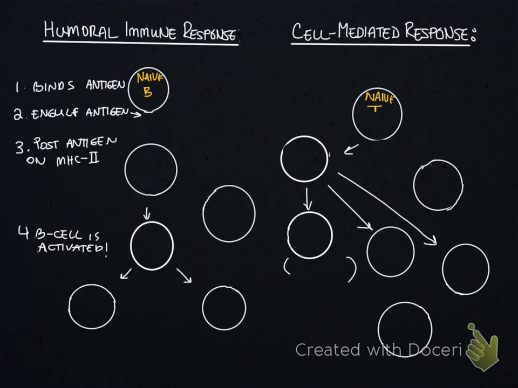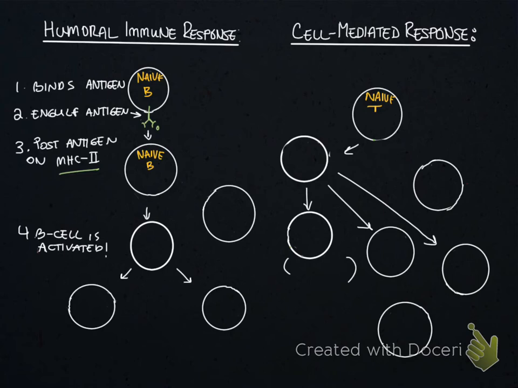So the naive B cell is a nucleated cell and has an antibody as its receptor. It's specific for a certain antigen, and lo and behold, it finds its antigen and binds to it. It engulfs this antigen and then will post it on an MHC2. So let's draw that on the next cell. Here's our naive B cell.